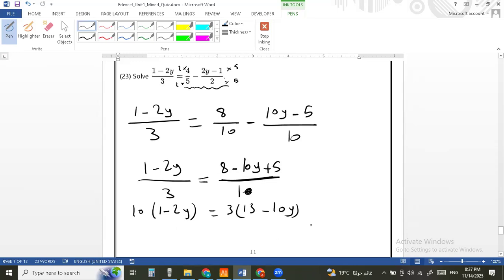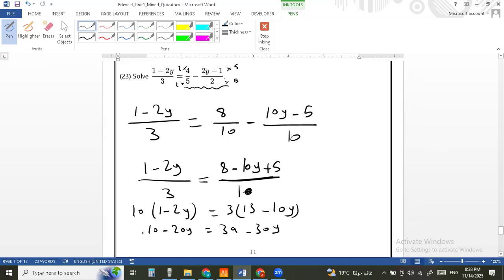Let's now expand. It is becoming like a normal equation. 10 times 1 is 10, minus 20y equals 39 minus 30y. So collect like terms.